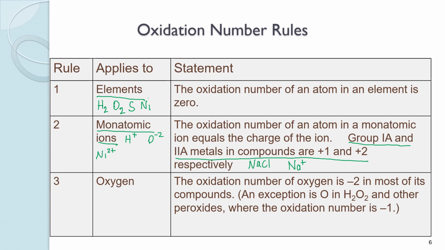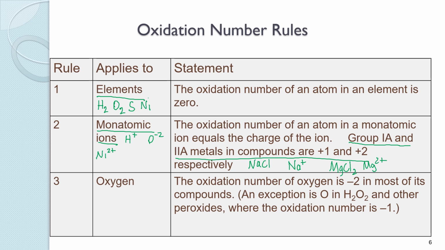All of those group 1A and 2A, like magnesium in MgCl2, will always be +2.